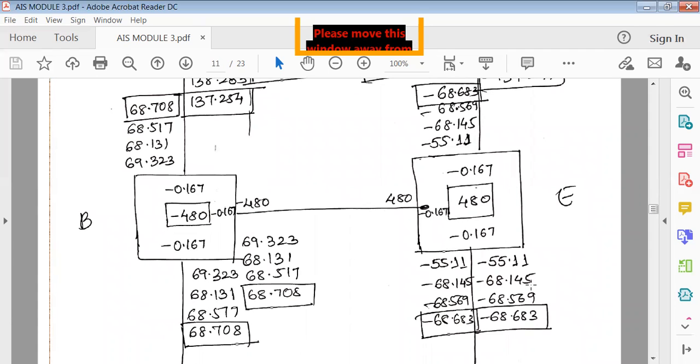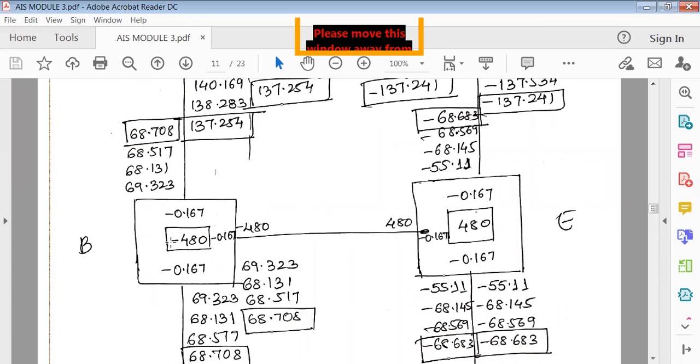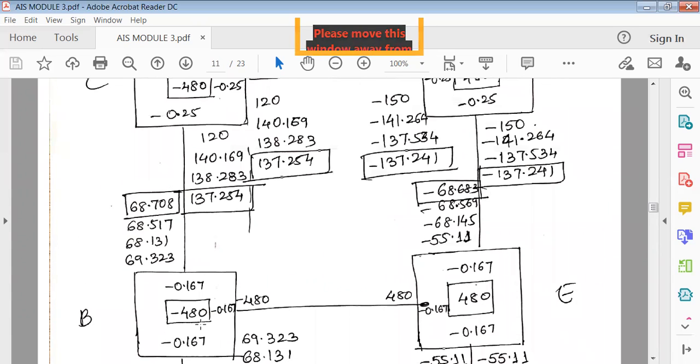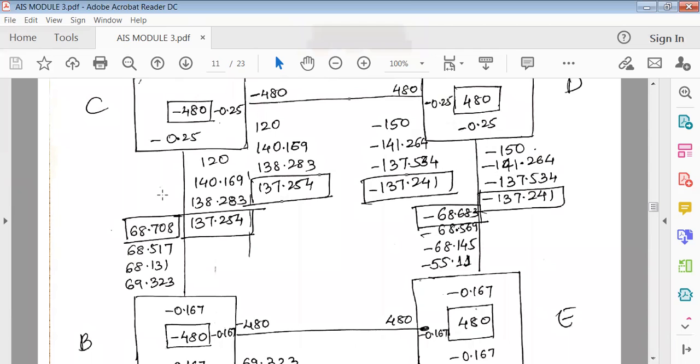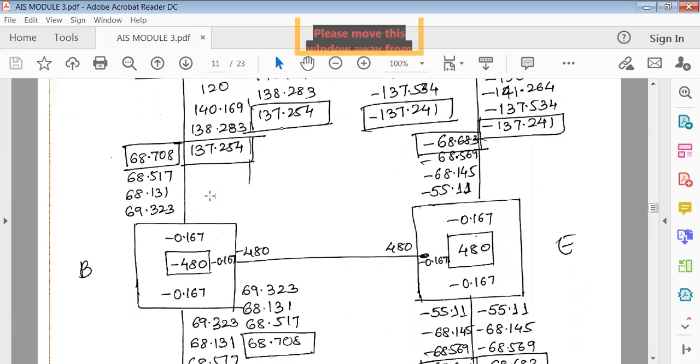Next come to the last joint, that is B. Again in B, it is minus 40. B connects BC also, BE also. So BC, again it is minus 40, then plus 140.169.